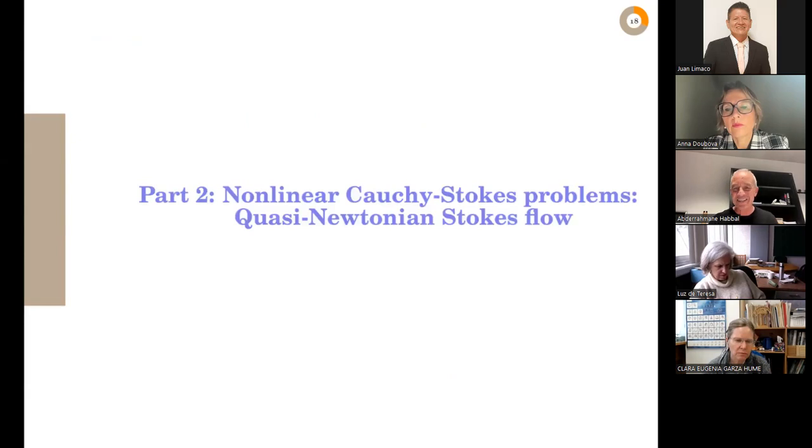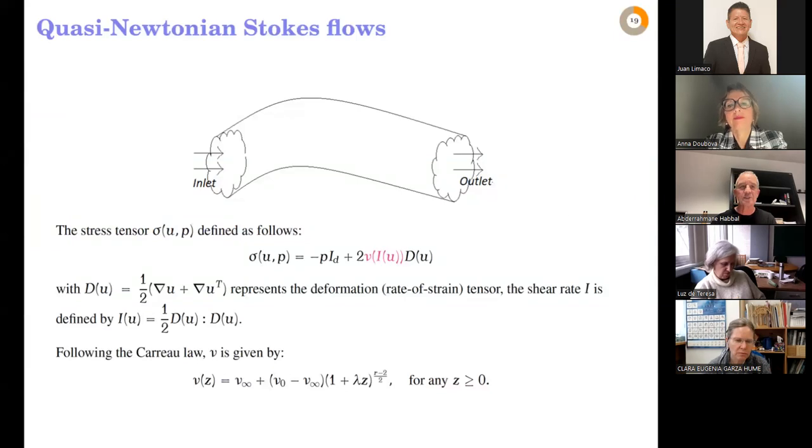So let us now move to the nonlinear Cauchy Stokes, which will be the final part of this presentation. So we started with linear Stokes. We observed that our approach was successful in achieving coupled data and shape identification.